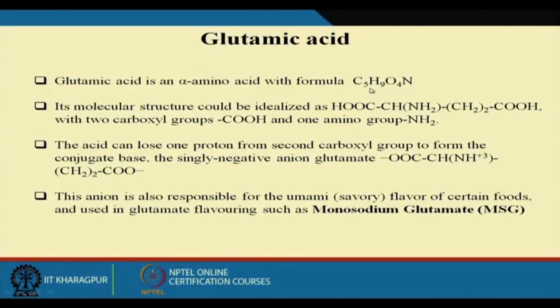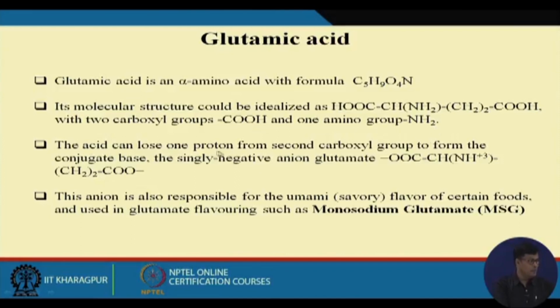Chemically, the empirical formula is C5H9O4N. As I told you, it has 2 carboxylic acid groups, CH2, NH2 and CH. That is the basic molecular structure, idealized in this form with 2 carboxylic groups and 1 amino group.